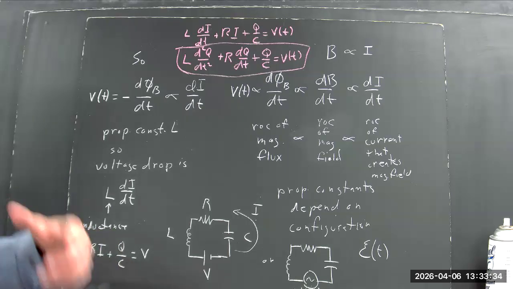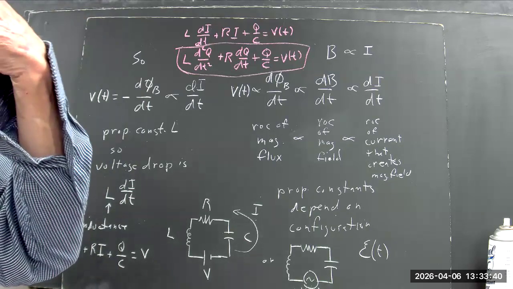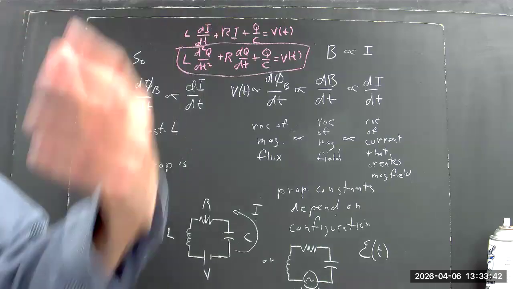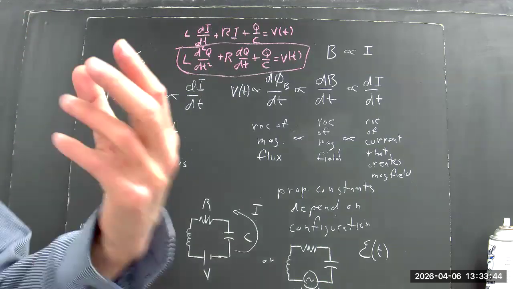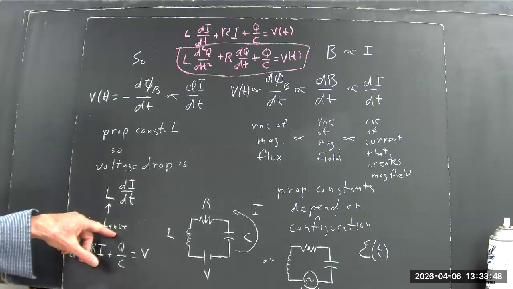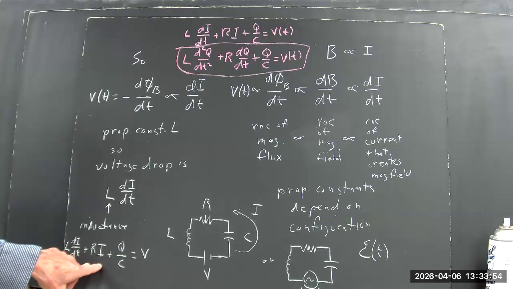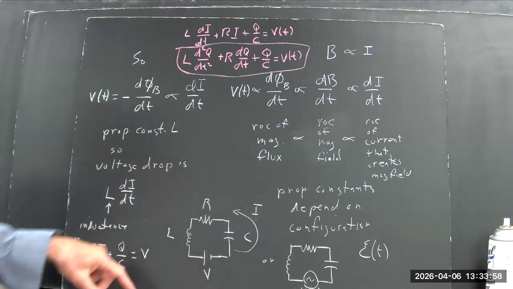Q over C is the voltage drop across the capacitor, because what is capacitance? It's a ratio of charge to potential difference, charge to voltage. So voltage is going to be charge divided by capacitance. Resistance times current, you're very familiar with. It's a voltage drop across the resistor.